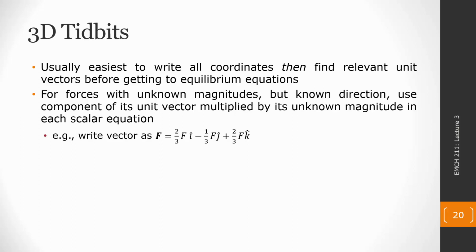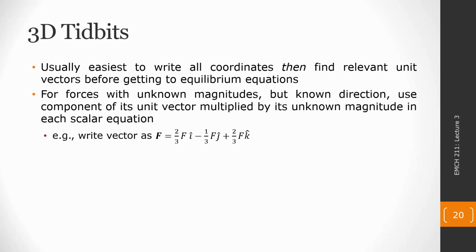So some vector F we can represent as, for example here, if we knew that it would lay along the unit vector 2/3 i minus 1/3 j plus 2/3 k, well, that unknown magnitude F we can simply distribute into the i, the j, the k components of that force. And then what do we have here? Well, when we go to the step of writing down our equilibrium equations, let's say we want some forces in the x direction, well, we've already written this out in component form.